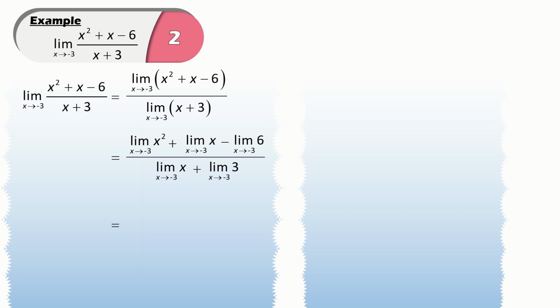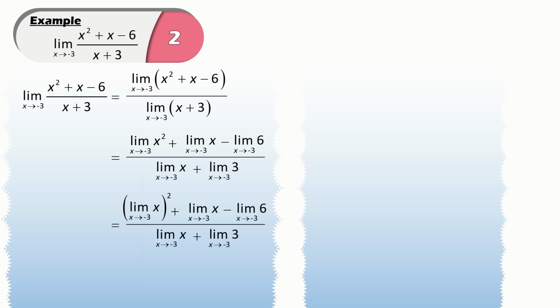Then, take the limit of the square of x using the power property, which makes it the square of the limit of x as x approaches negative 3, and rewrite the remaining terms. Take the limit of x as x approaches negative 3 inside of the second power, which is negative 3, using the identity property. Added to the limit of x as x approaches negative 3, which is also negative 3, using the identity property.